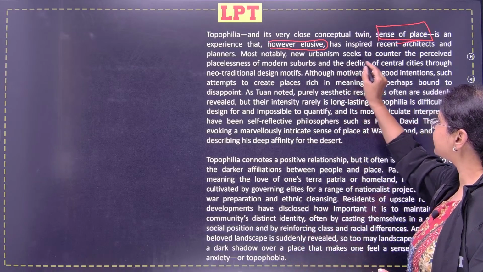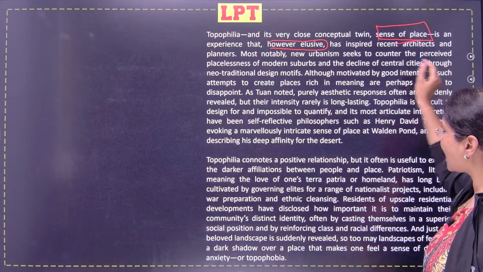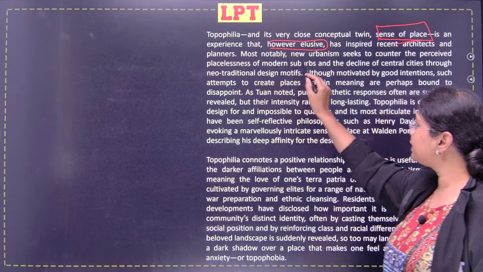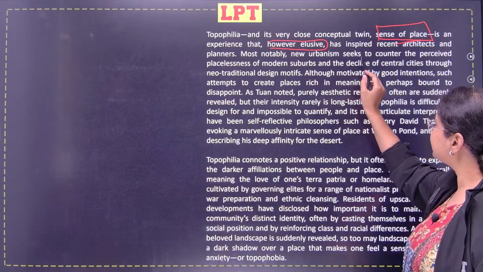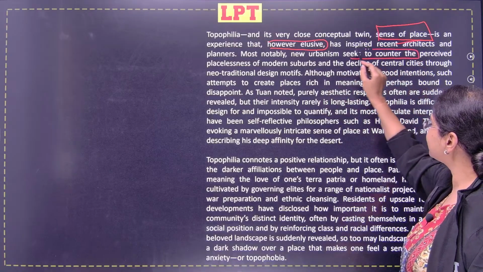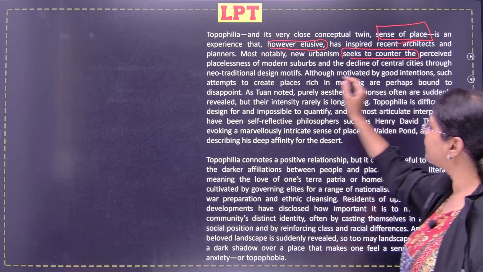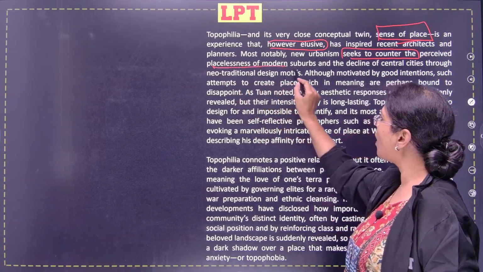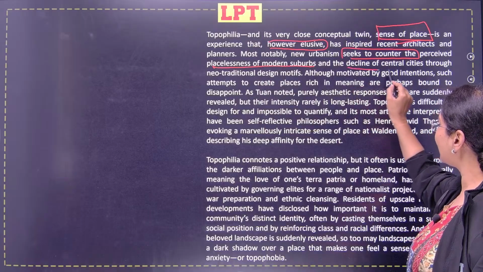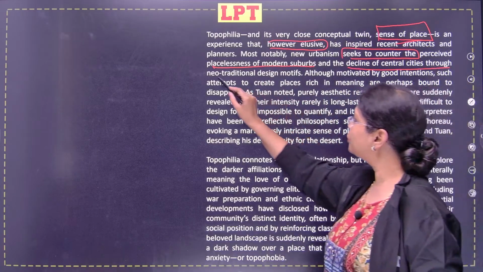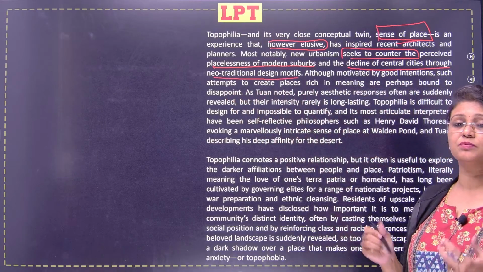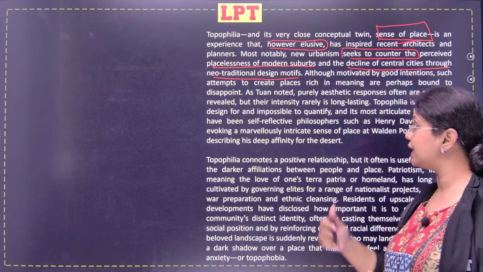So it says it has inspired recent architects and planners, most notably new urbanism, which seeks to counter the perceived placelessness of modern suburbs and the decline of central cities through new traditional design motifs. So there is a point being discussed here.